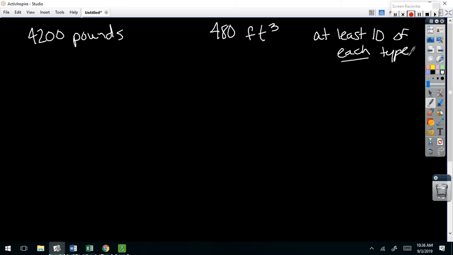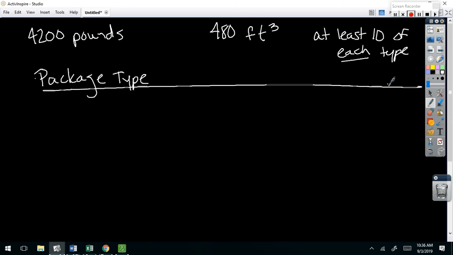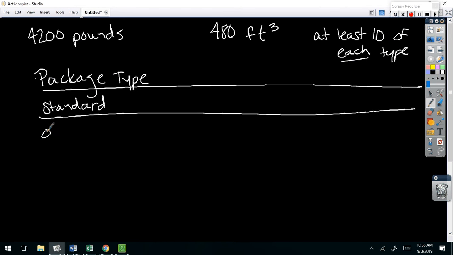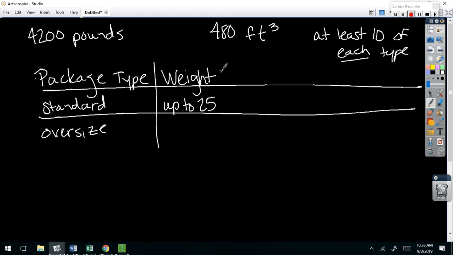Okay? So we have 2 package types. We got a little table that's given to us. Package type. They are standard and oversize. Their weights are up to 25 pounds, these are in pounds, I think. Yeah.